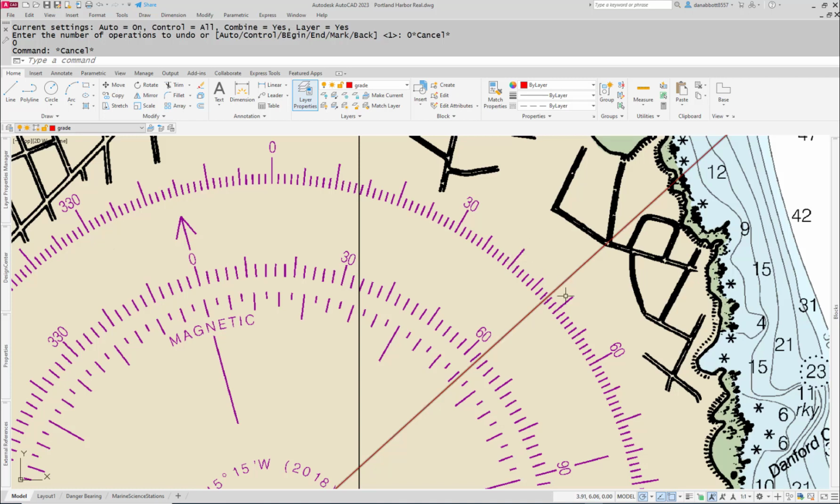But from 40 to 50, there are enough little marks, 10, to go from 41, 2, 3, 4, 5, 6, 7, 8, 9, 10. So this will be 0, 4, 7. This will be 0, 6, 2. And the difference between them is 15 degrees.